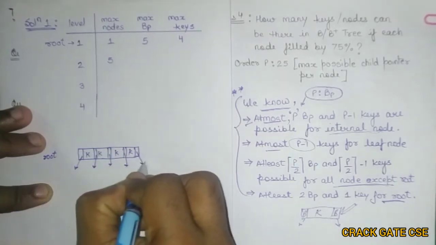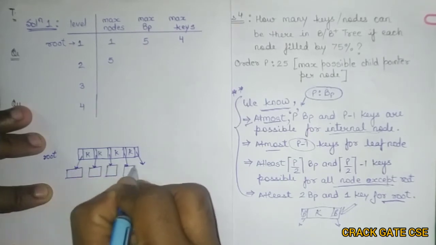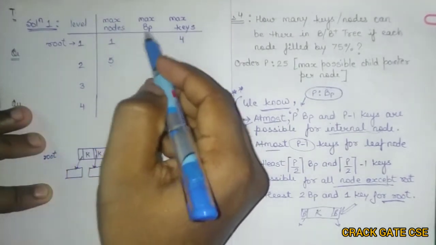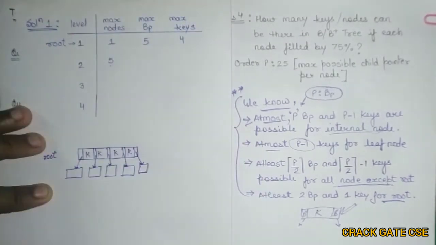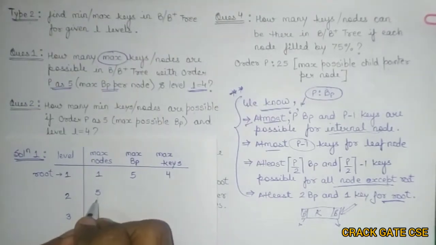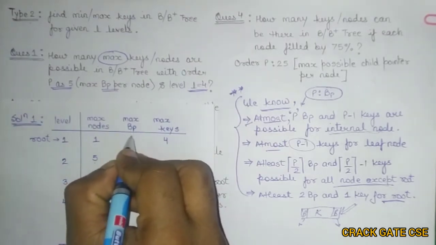Similarly, via all block pointers, we will be having 1 node. So how many nodes are possible? 5 nodes are possible if 5 block pointers are available at the upper level. So there are 5 nodes available, and in these 5 nodes, maximum block pointers are 5.